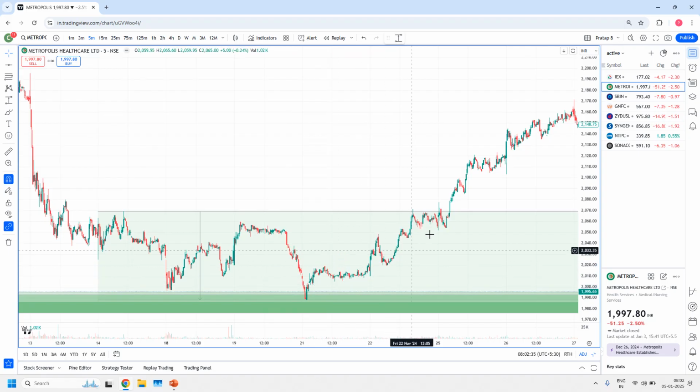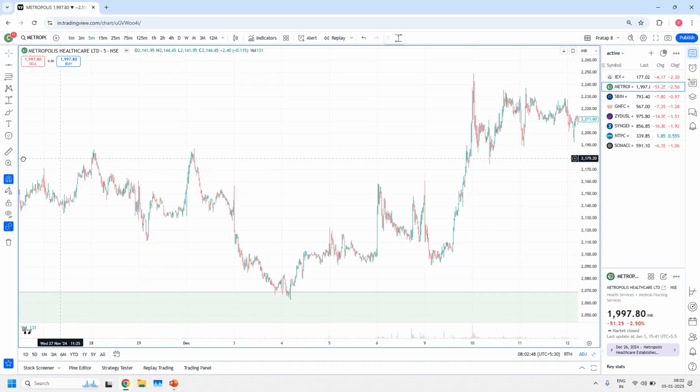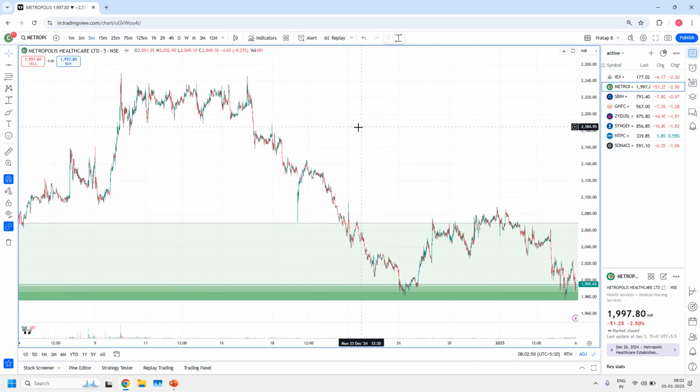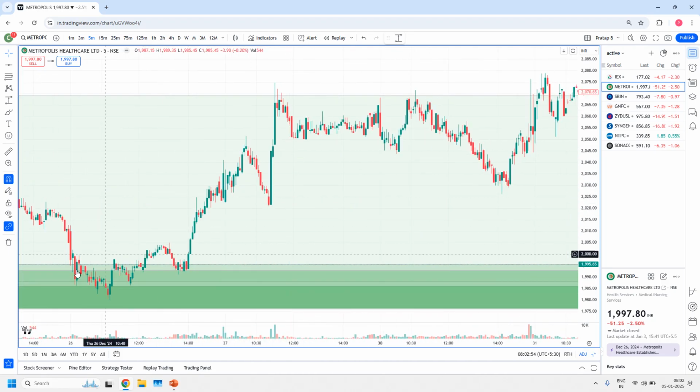And then it started moving up and the entire daily zone formation is completed here. This is the daily distal line. This is the daily distal line. Okay, once the daily zone is pierced, see, it picked up the orders from this zone only.